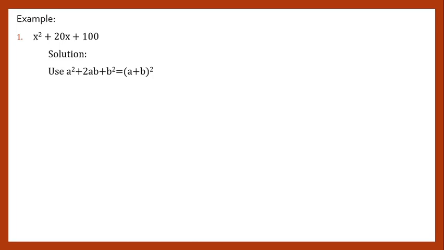You can get them by taking the square root of the first term and then the last term. So, the square root of x squared is x. That is the form. And then the square root of 100 is 10. So, double check the middle term. If we are going to use this special form, it should match the middle term. So, let's say x squared and then 10 raised to 2.